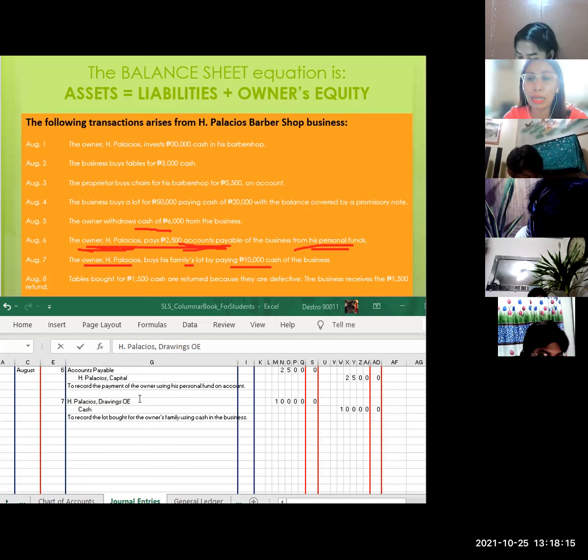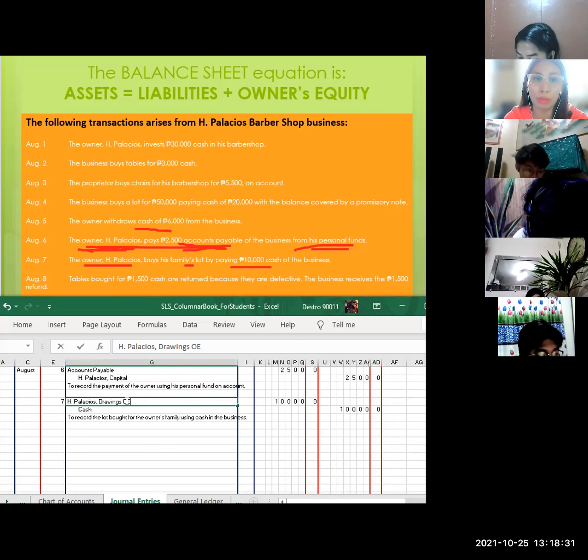Therefore, instead of writing owner's equity on the credit side, it should be placed on the debit side kasi merong withdrawal or drawings. Okay, owner's equity account ang drawings. And then yung cash din, this is an asset account.